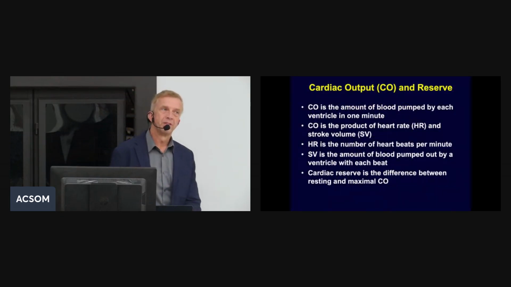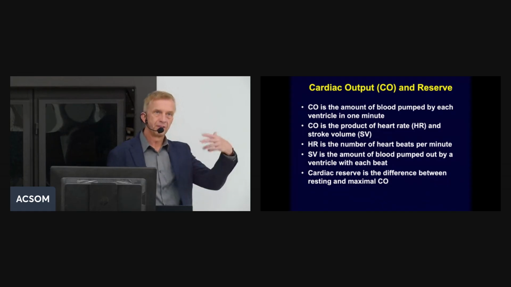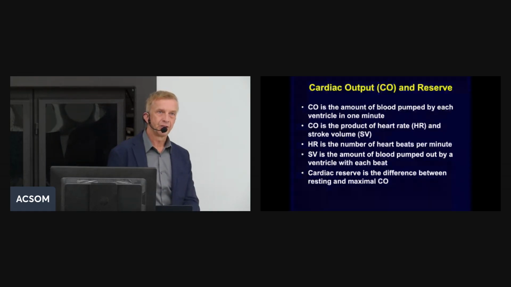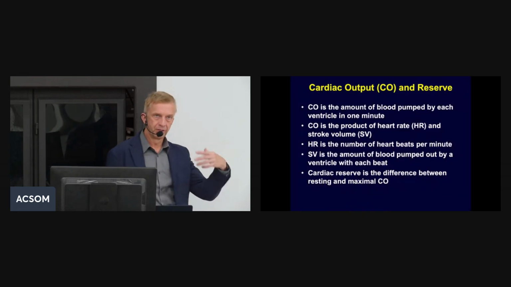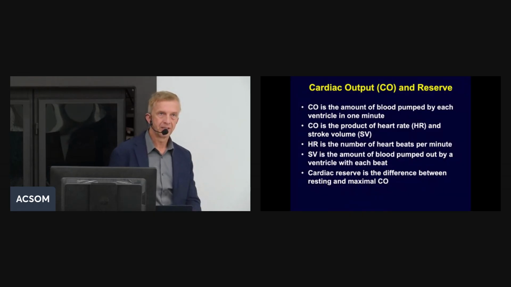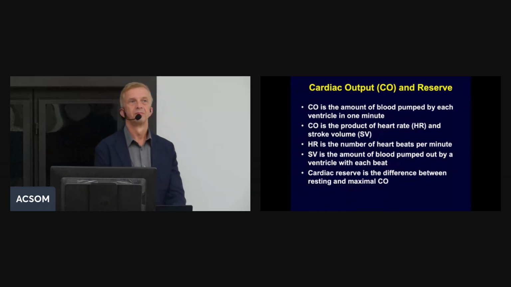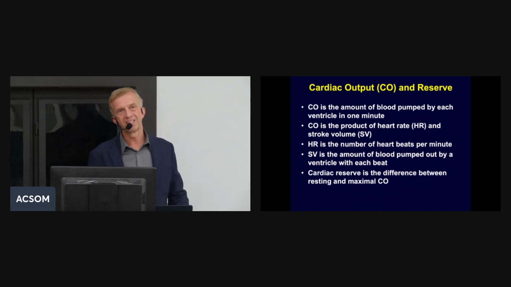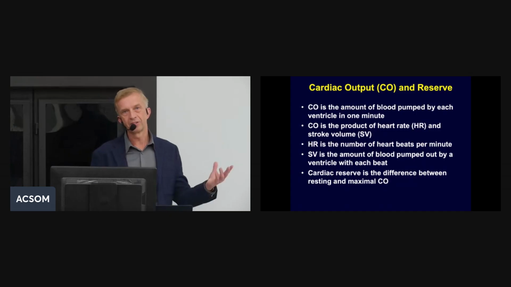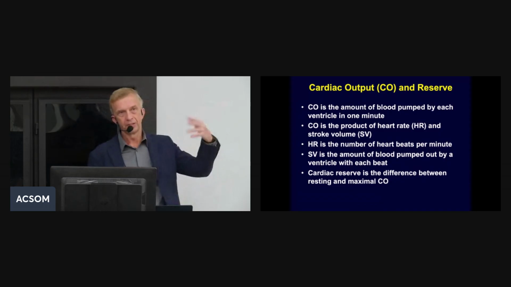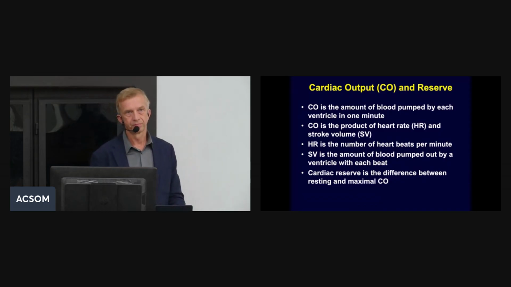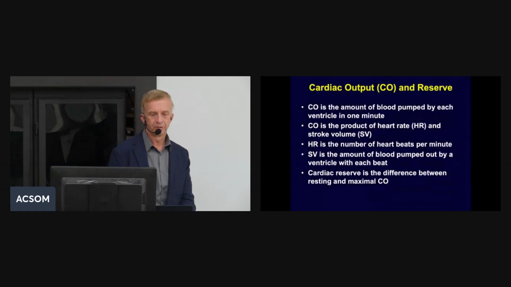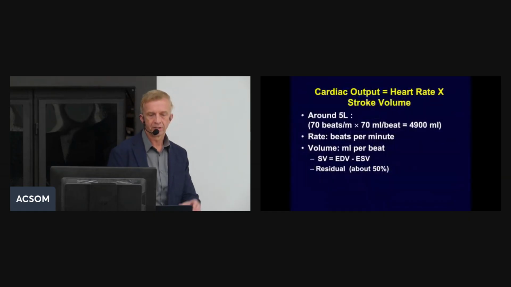With aging, people are not able to achieve maximum heart rates as high as when they were younger. Do you know how we calculate the predicted maximum heart rate? It's based on the age, 220 minus age. So when you are older, the maximum heart rate is lower. That's why the maximum cardiac output is decreased, and that's why cardiac reserve is decreased.